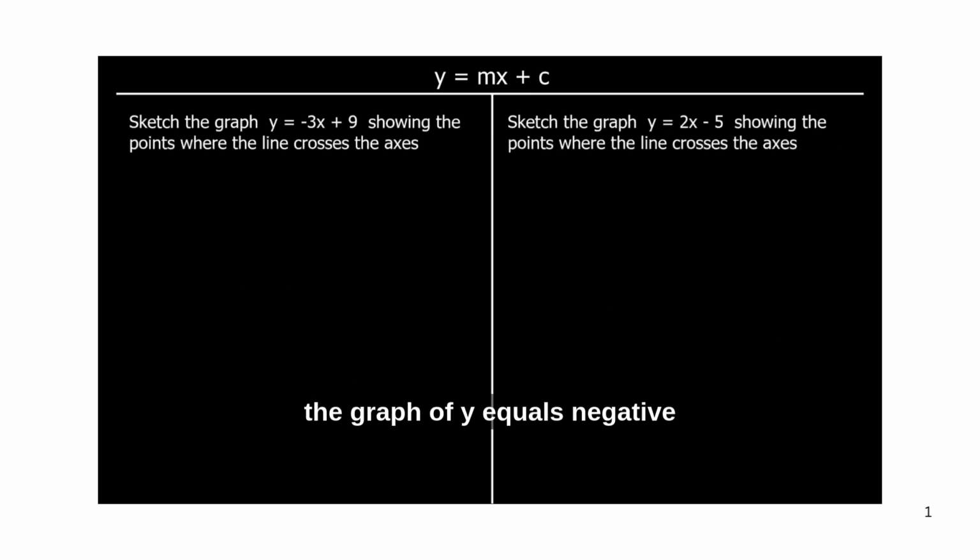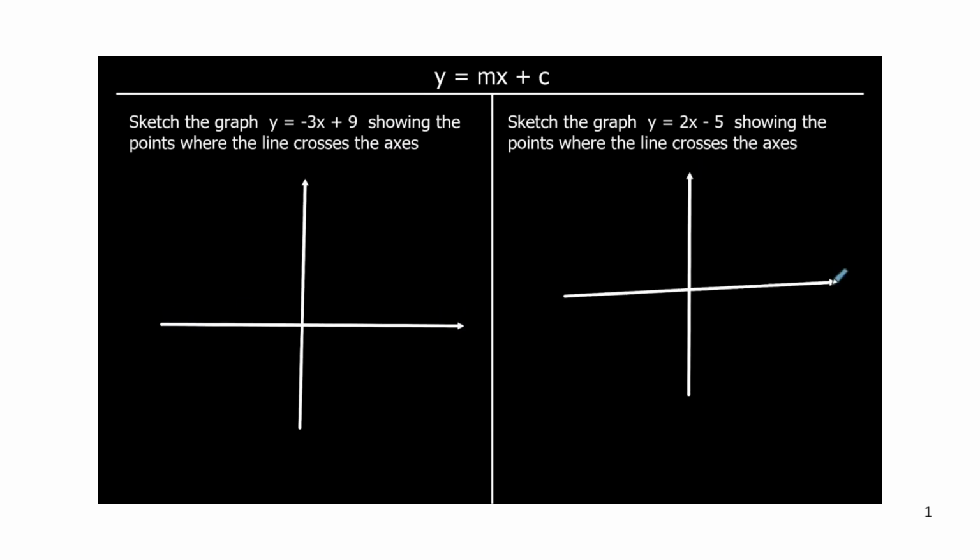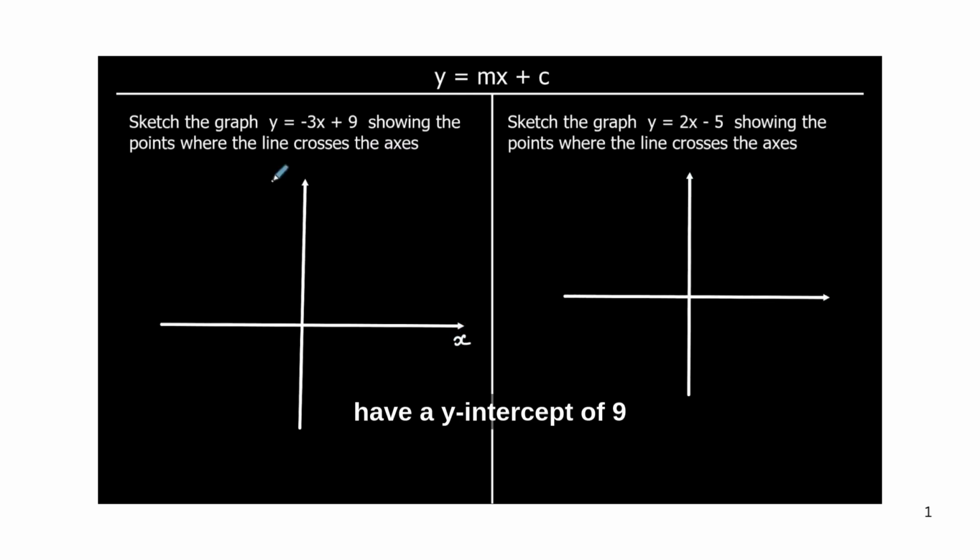Sketch the graph of y equals -3x plus 9, showing the points where the line crosses the axes. So it crosses y when x equals 0, crosses x when y equals 0, but we already know the y-intercept. So we have a y-intercept of 9.